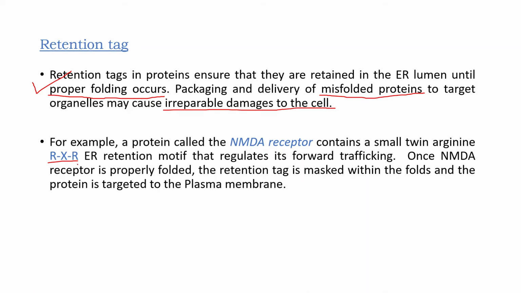So it contains an RXR ER retention motif that regulates its forward trafficking. Once this protein is folded properly, the retention tag present on the protein will be masked within the folds of the protein, and the protein is targeted to the plasma membrane.